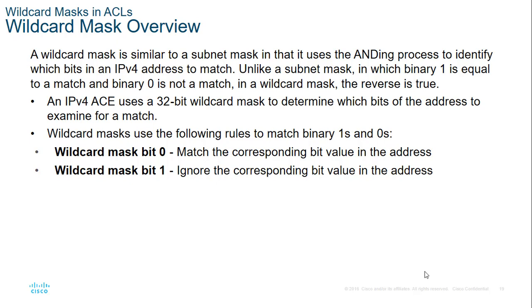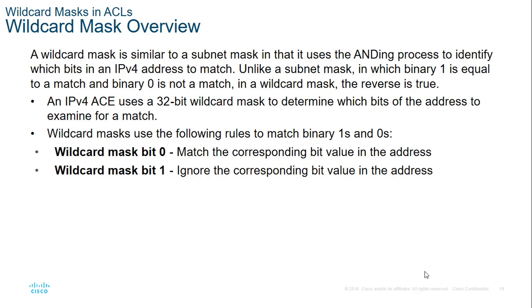Okay, so a wildcard mask, similar to a subnet mask, uses the ANDing process and identifies what bits we're going to use to make a match. Unlike a subnet mask, in which a binary 1 is equal to a match and a binary 0 is not a match, in a wildcard mask, it's the reverse.